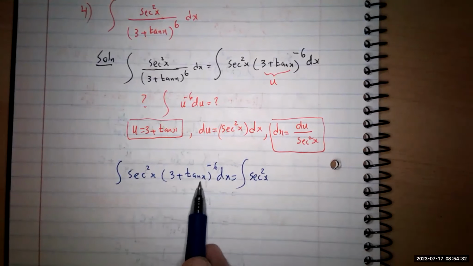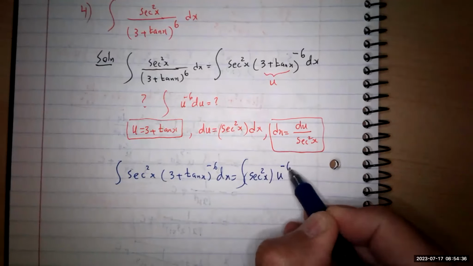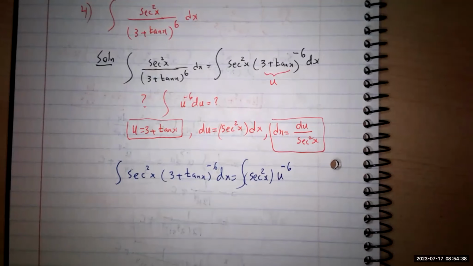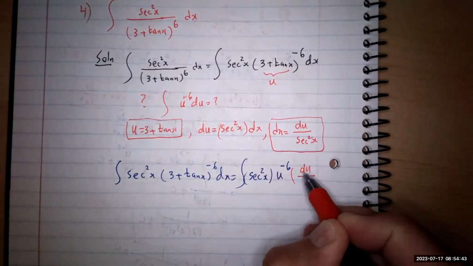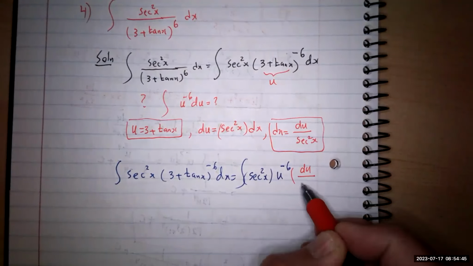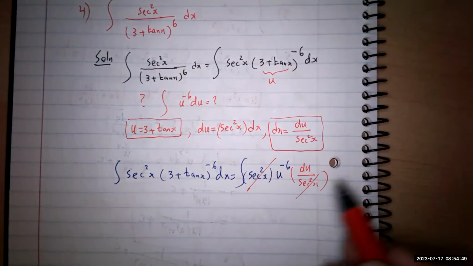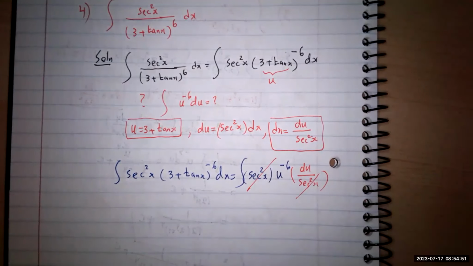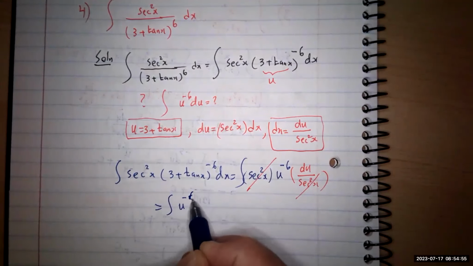And we call this one u, so that would be u to the negative 6. Then we have to substitute for dx. The dx is du over secant squared. These two would cancel out, and you get your target: u to the negative 6 du. Any question?